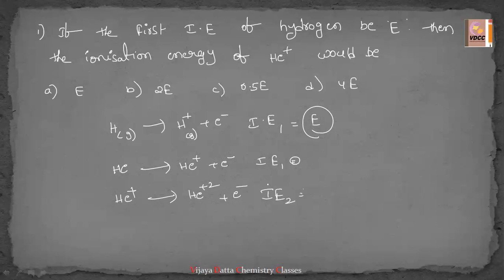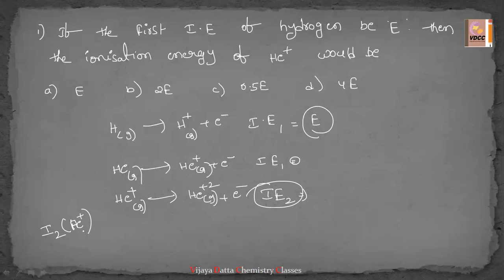Here we have a small formula for the ionization energy calculations. I2, the second ionization energy of He plus: if it removes one electron, that is the first ionization only. Again, removing the second electron from that unipositive ion is called its IE2.